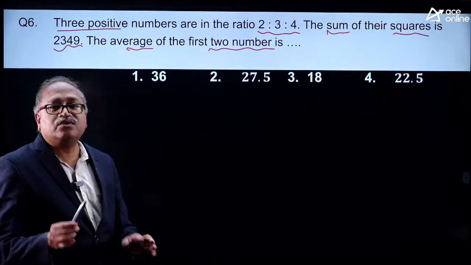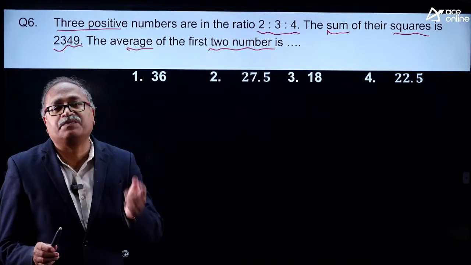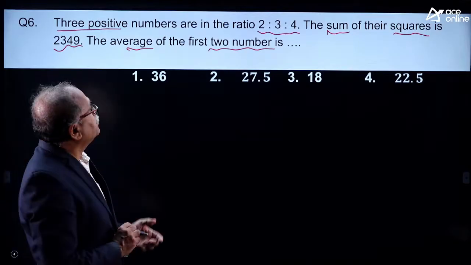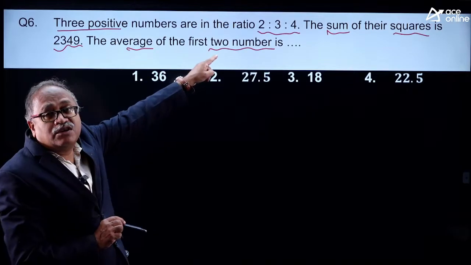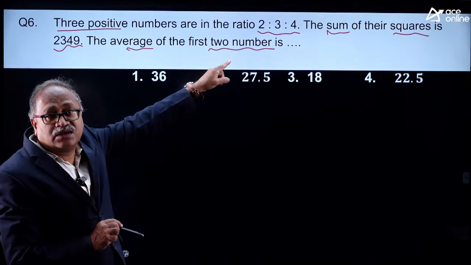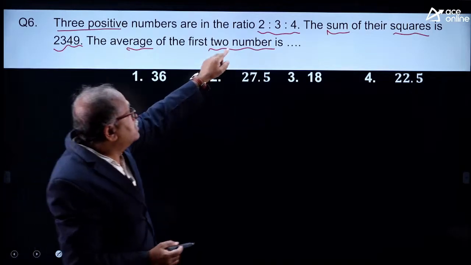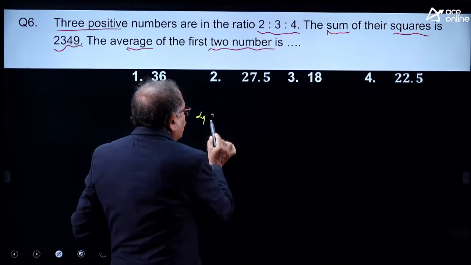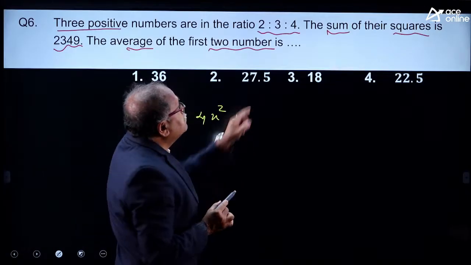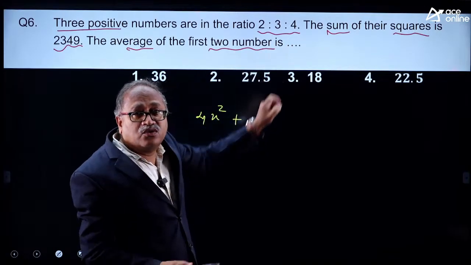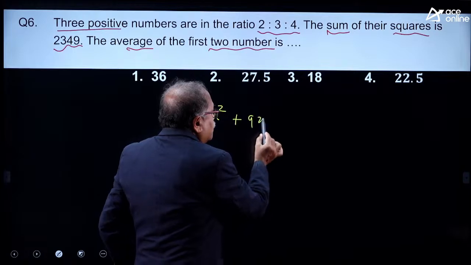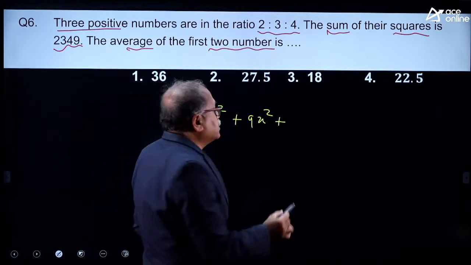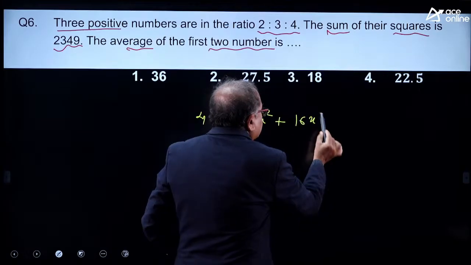Here you are not learning anything new, you are just practicing with me, which will increase your speed, my dear friend. So, what I am going to do here is take 2x, 3x and 4x, and the square of these. 2x squared is 4x squared, plus 3x whole squared, that is 9x squared, and 4x whole squared, that is 16x squared.